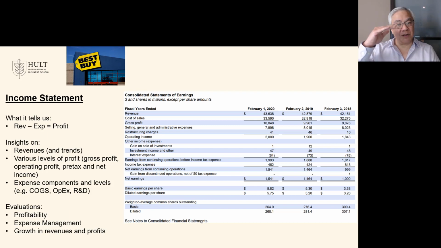And then we have multiple levels of these subtotals, which are all useful. Gross profit, operating profit, pre-tax profit, and net income. So these are items that we do in order to probe where the company makes money. If it's doing well, why is it doing well? If it's doing poorly, why is it doing poorly? Some of the evaluations specifically we would do are on profitability.